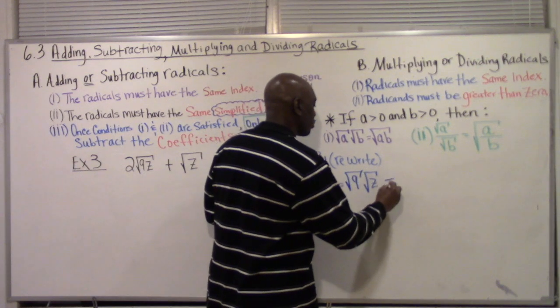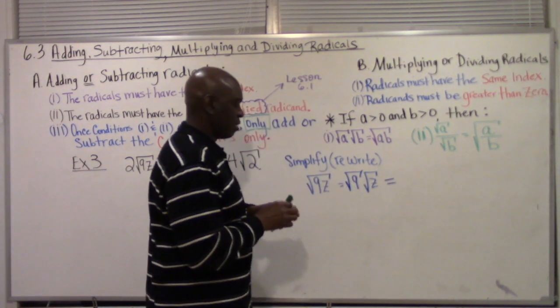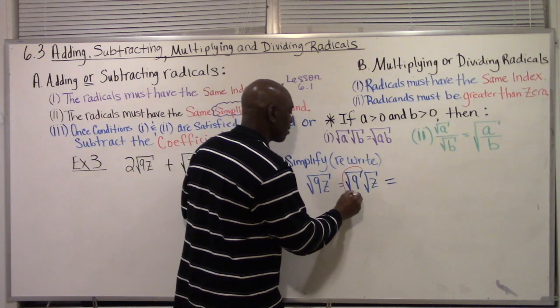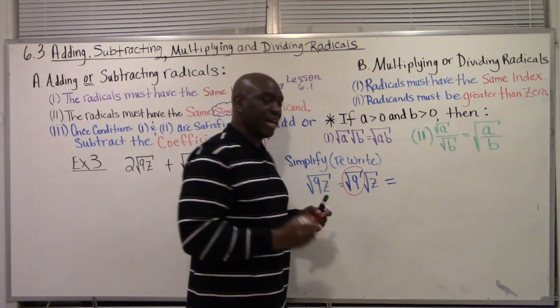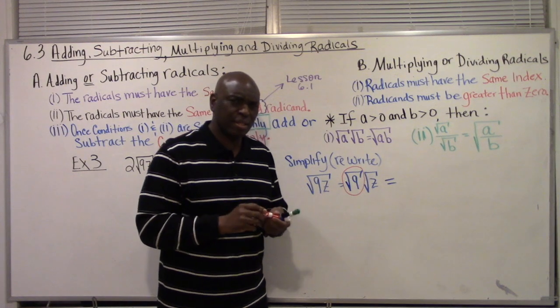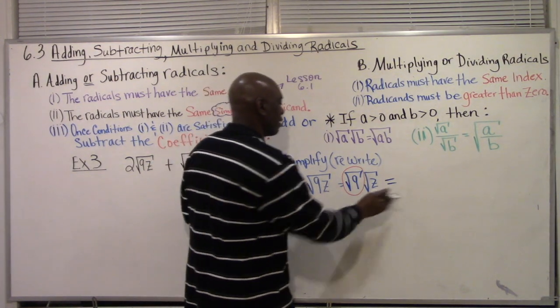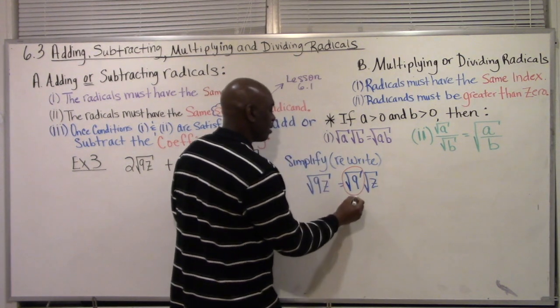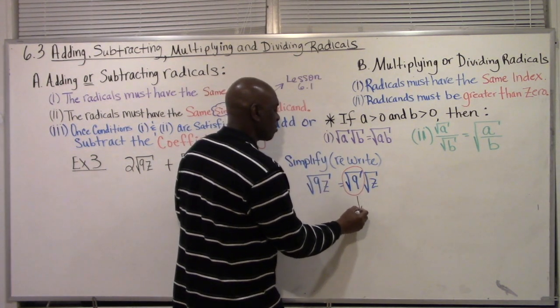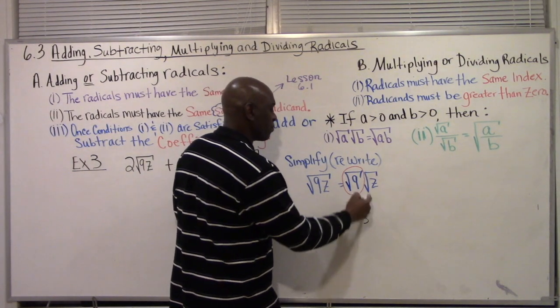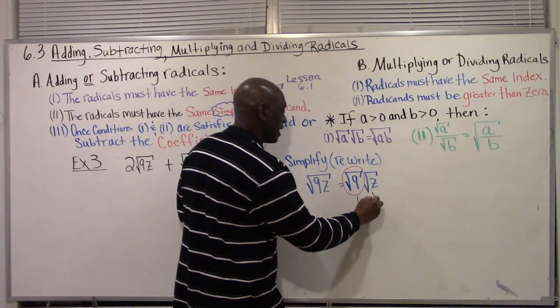And this equals, does anyone know what the square root of 9 is? What's the square root of 9? You remember the square root of 9? Do you? Okay, good. In fact, let me write this answer right underneath it. The square root of 9 is 3. And the square root of z, just leave it like that. Bring it straight down the way it is.